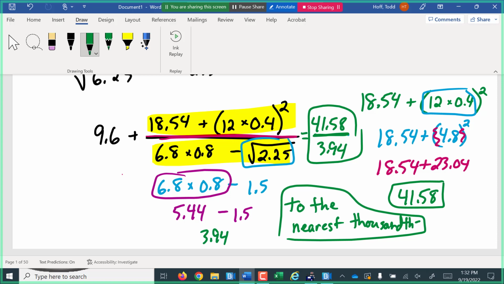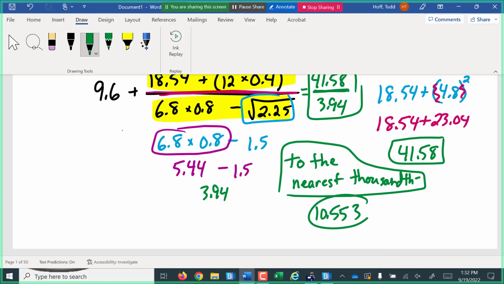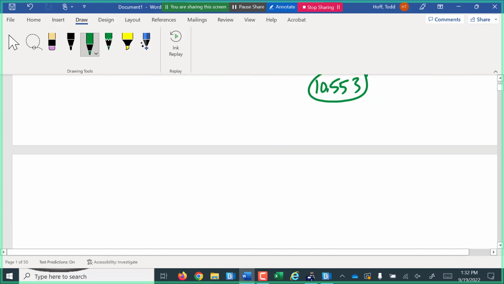To the nearest thousandth, what would it be? 10.553 looks good to me. So a little bit ugly because of the decimals, but no different than doing order of operations with our whole numbers.